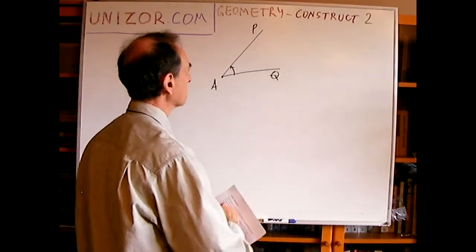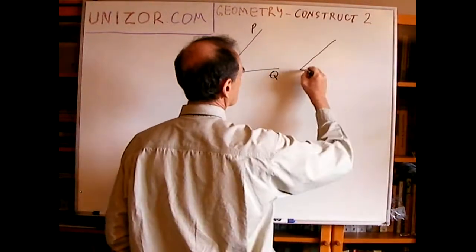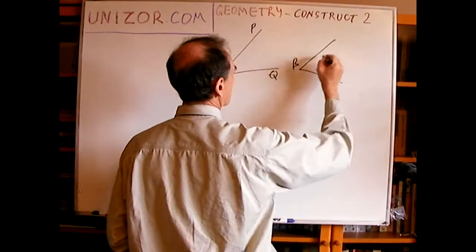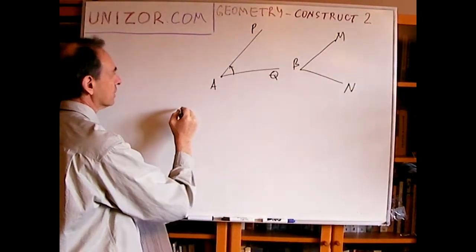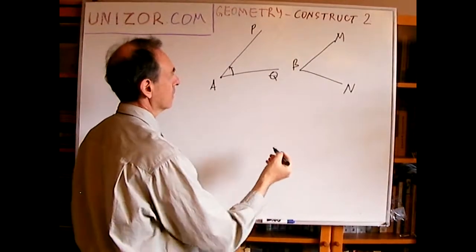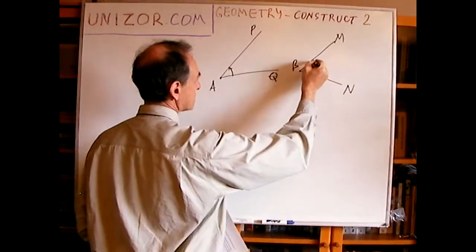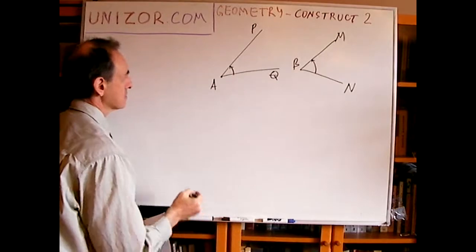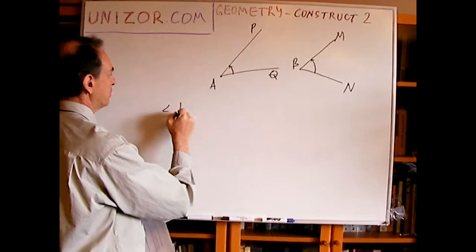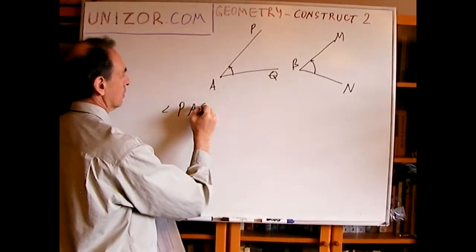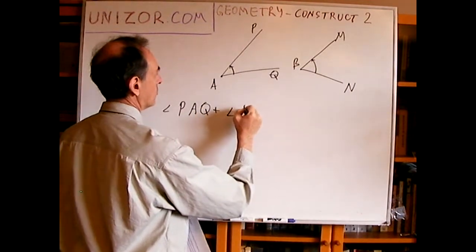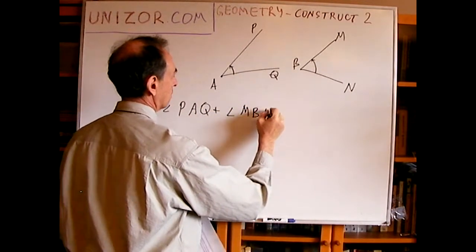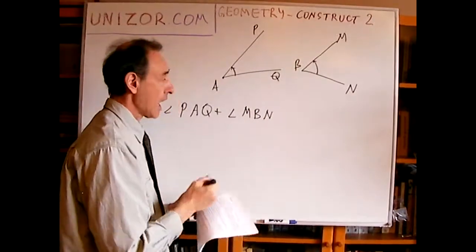So you have one angle and you have another angle, BMN. You have to construct an angle which is measured as a sum of these two angles. So angle PAQ plus angle MBN. Okay, the question is how to do it.